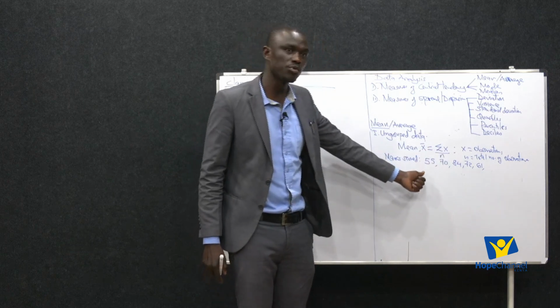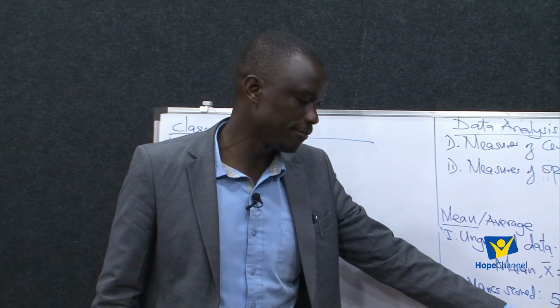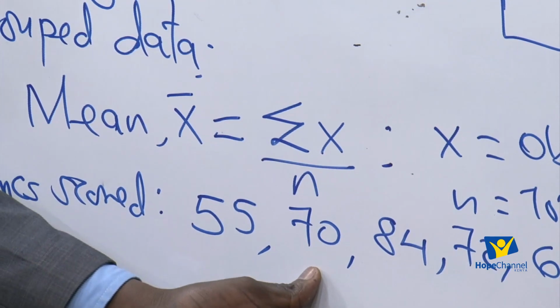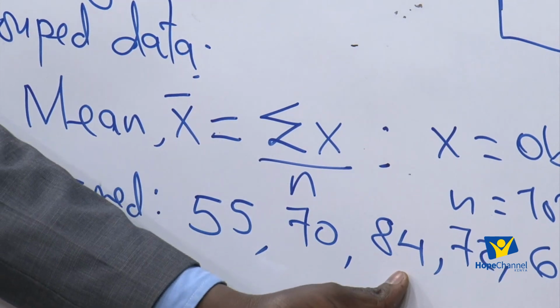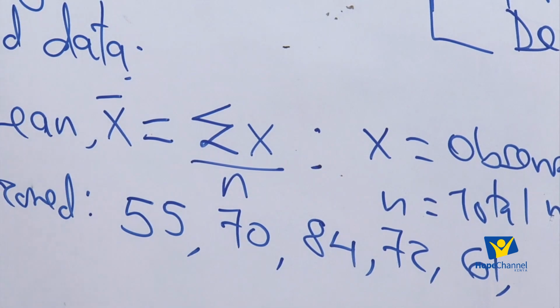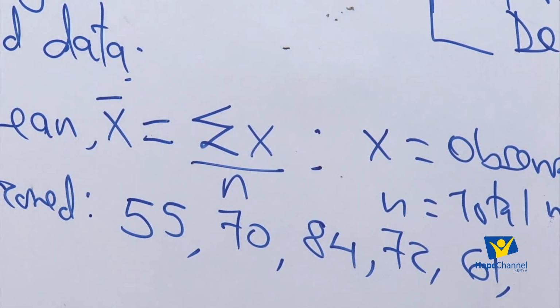The observations we are having here are 55, 70, 84, 72, and 61. So we want to know what was the average score.